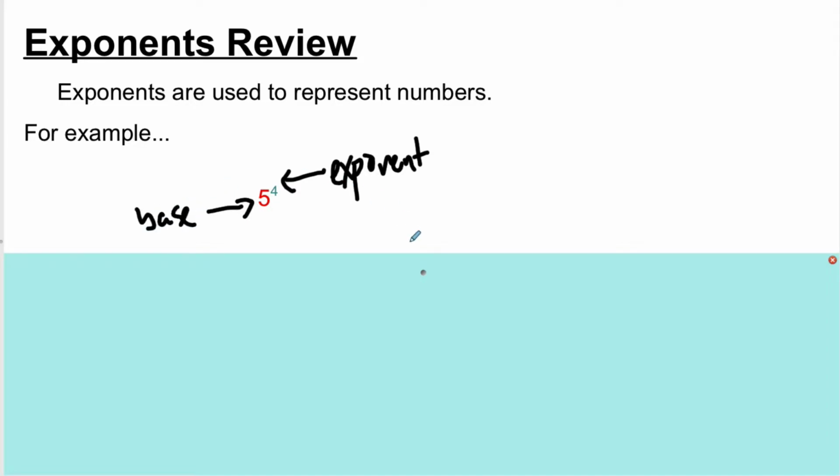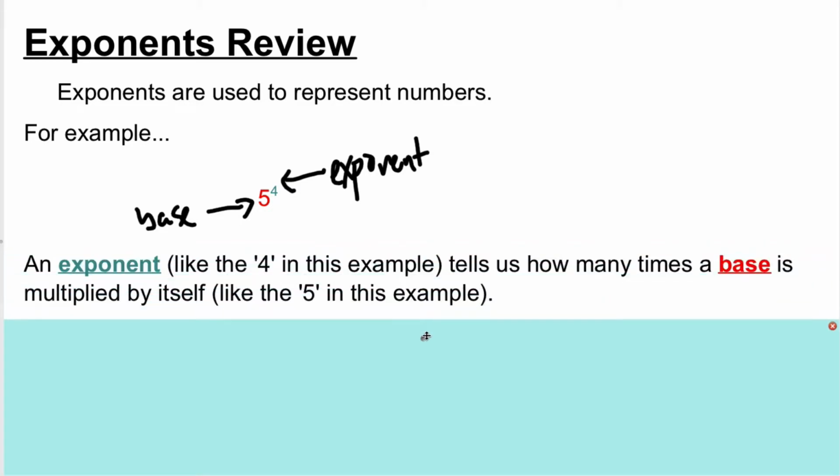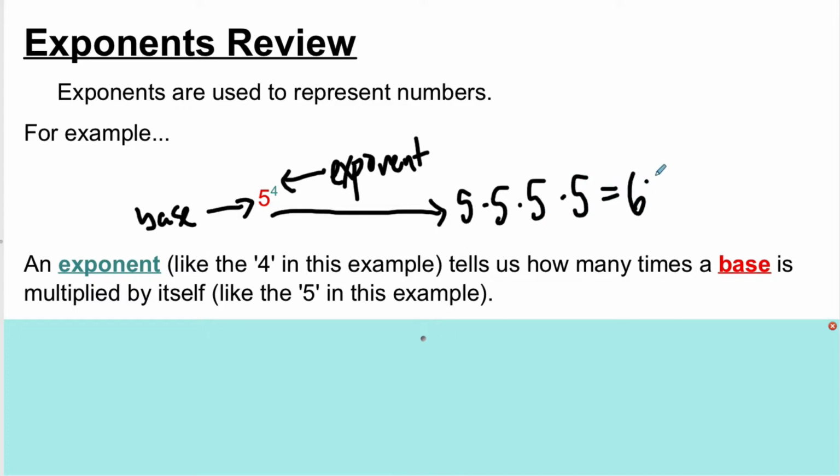And all that you're doing with exponents is the exponent tells you how many times the base is going to be multiplied by itself. So in this example, our 4 is how many times we are going to multiply the 5 by itself. So if we expand this out, 5 to the fourth power is just 5 times 5 times 5 times 5, which is just 625.